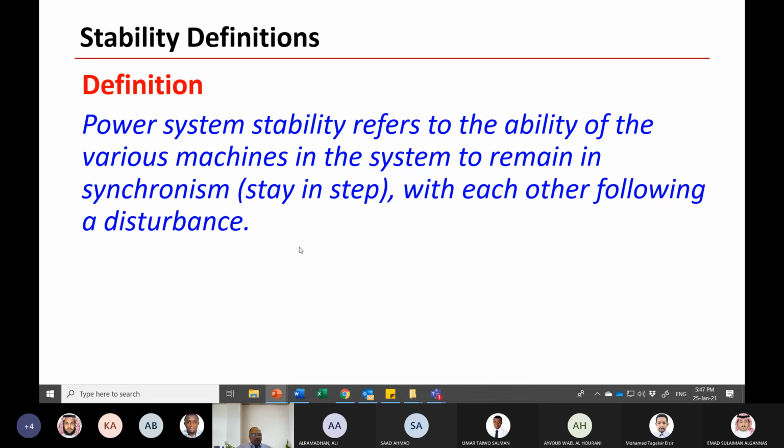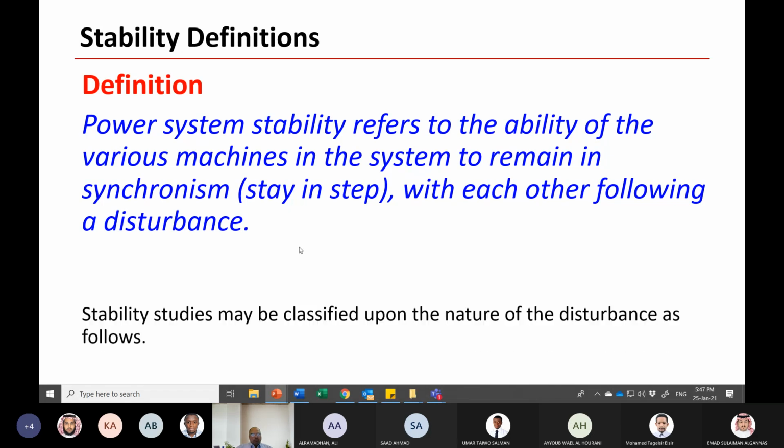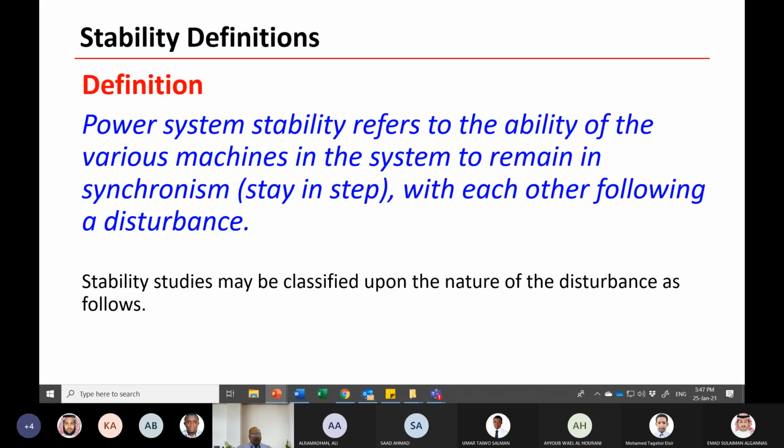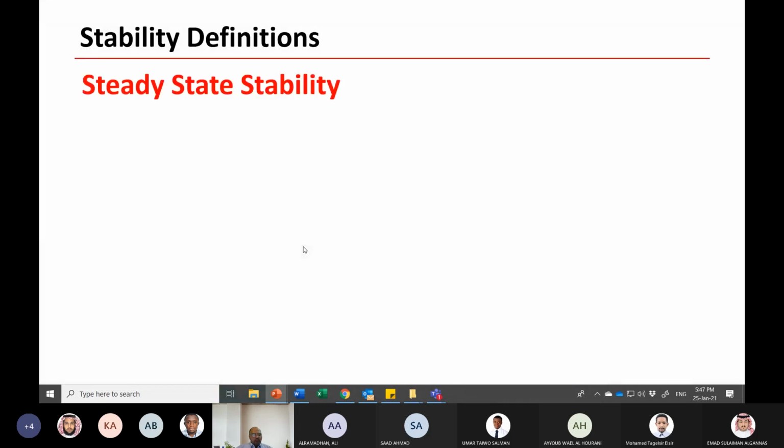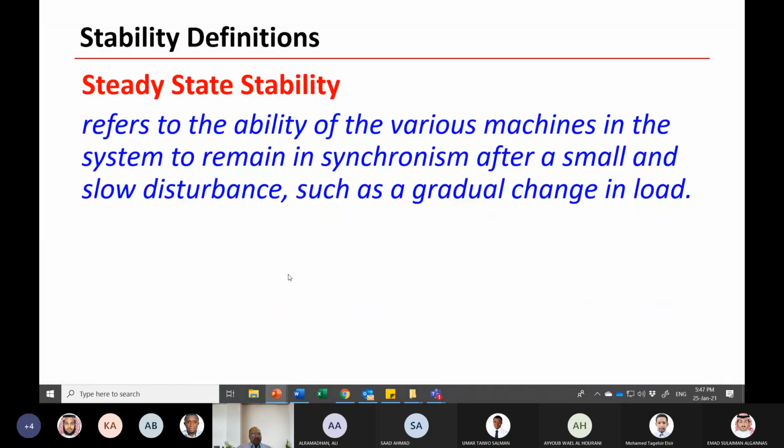So this is the stability definition in general, and stability studies may be classified upon the nature of the disturbance as follows: the three types of stability as we mentioned earlier. Steady state stability refers to the ability of the various machines in the system to remain in synchronism. Up to this point, this is the general definition of stability.